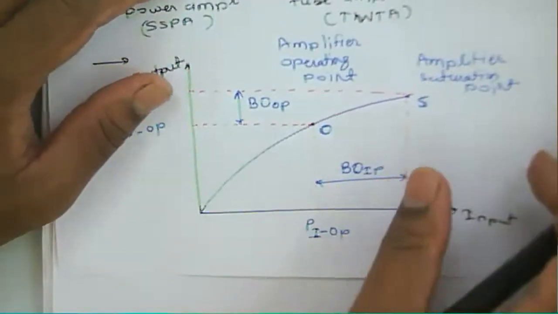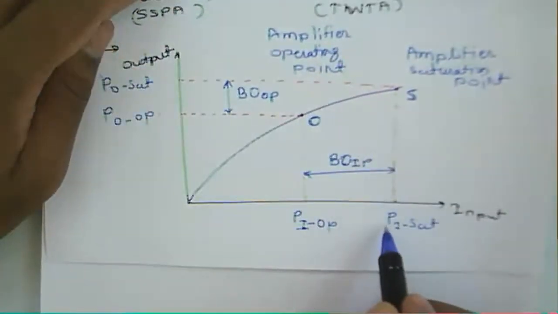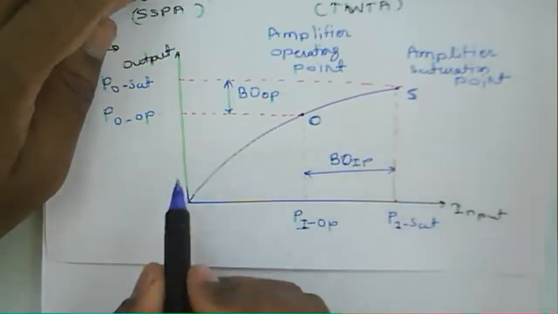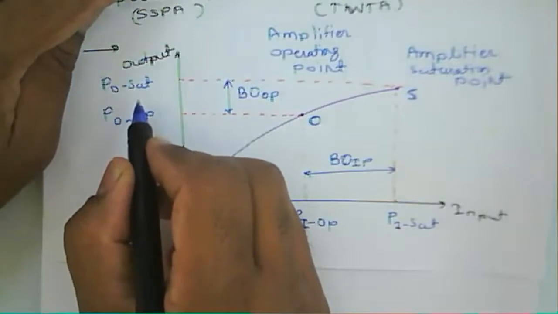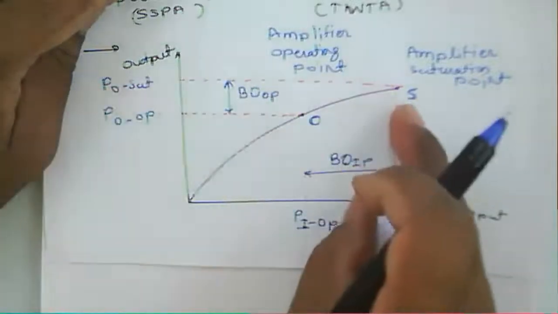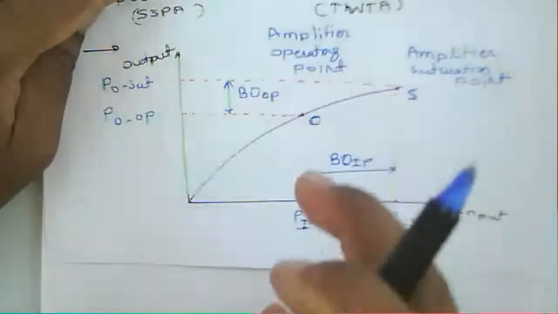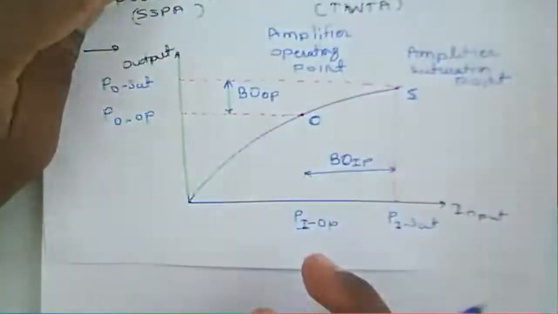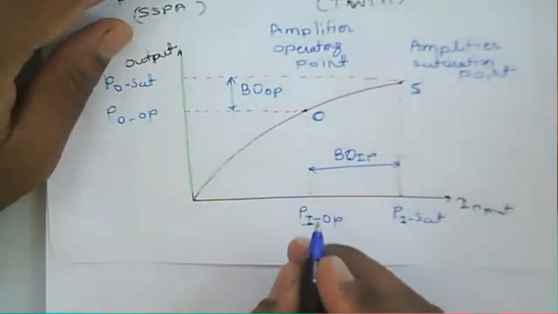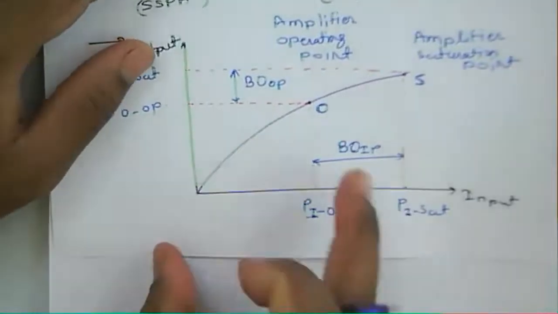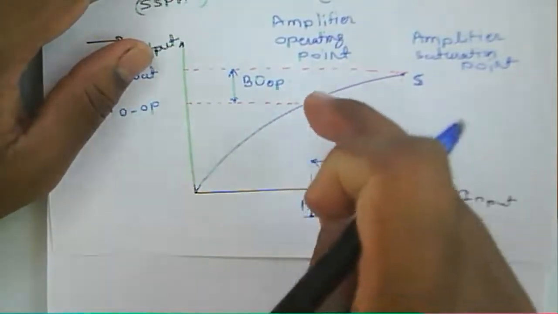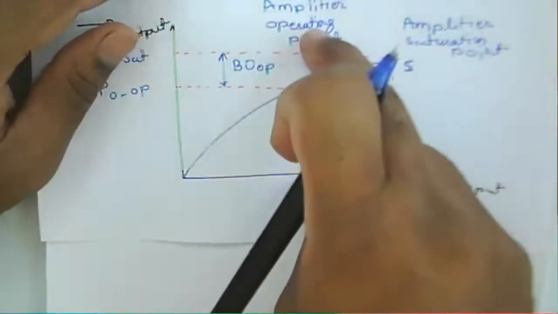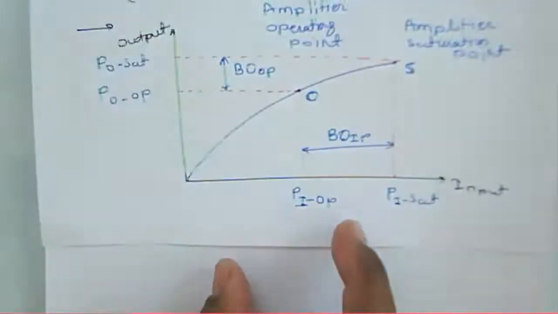At that saturation point, there is a corresponding input power and the saturated output power, and that is the maximum attainable output power of this amplifier. This figure shows the transponder input and output back off, meaning the amplifier has to be operated in a particular region.